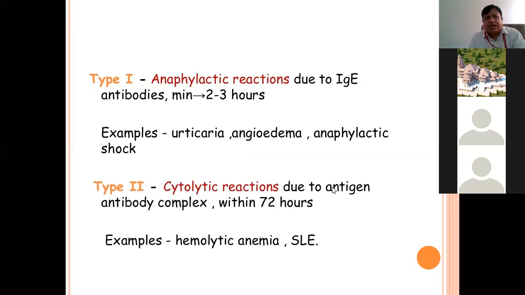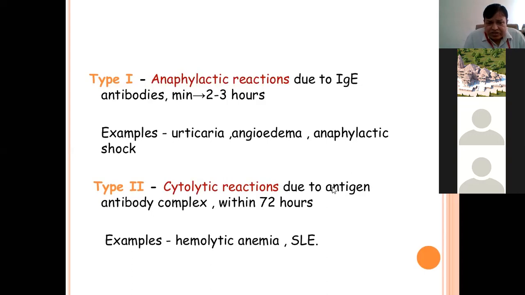Now it is again classified. Type 1 is the anaphylactic reaction due to IgE immunoglobulin antibodies. An anaphylactic response occurs within a minute to 2 to 3 hours. This is a type of allergic response. And type 2 is a cytolytic reaction due to antigen-antibody complex within 72 hours.